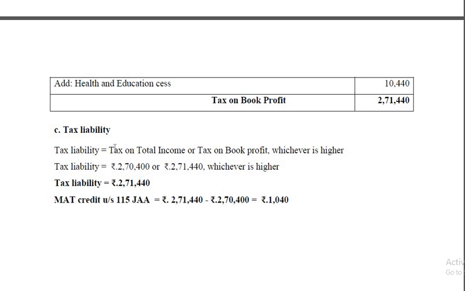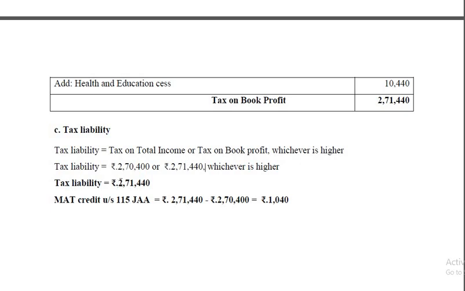What is the tax liability? Tax liability is, as I already told you, tax on total income or tax on book profit, whichever is higher. Here, tax on total income is 2,70,400. Tax on book profit is 2,71,440. Of these two, the second one is higher, that is tax on book profit. So MAT applies here.